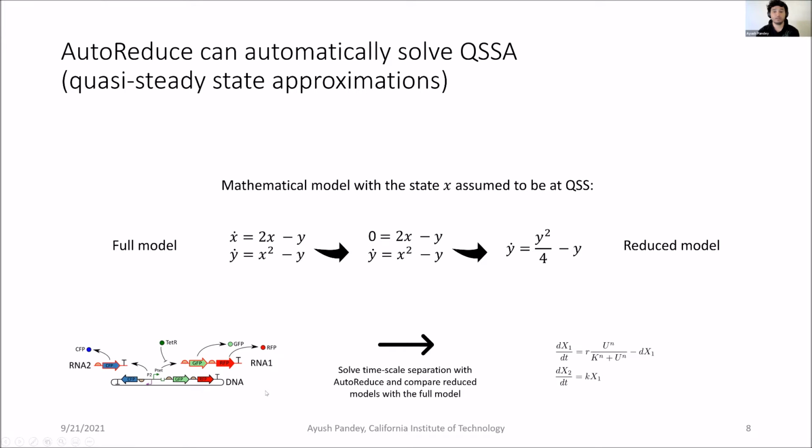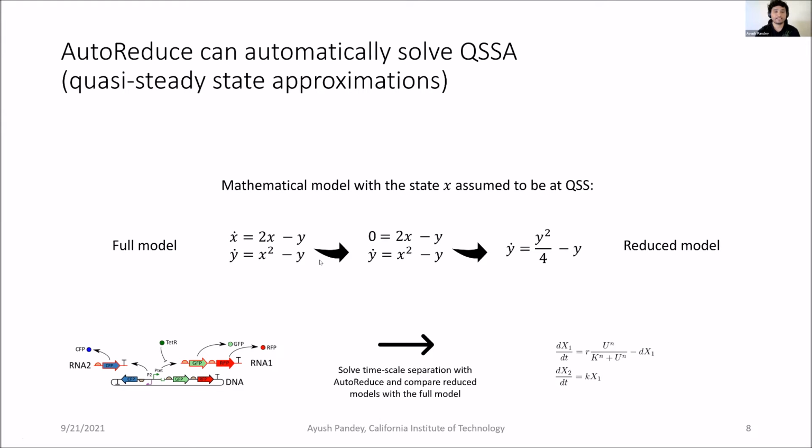But the central problem here is timescale separation, and that's solved by using symbolic variables and algebraic substitutions for the species that are quasi-steady-state. Okay, so timescale separation. Sorry, I should have mentioned more about that.